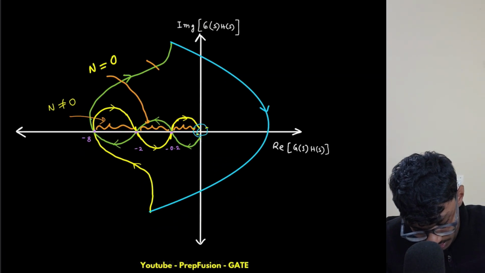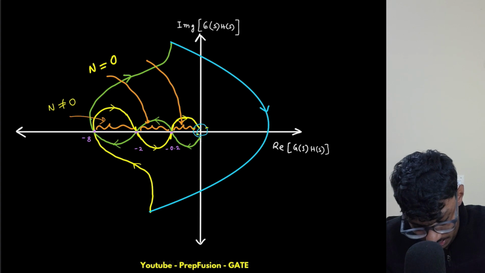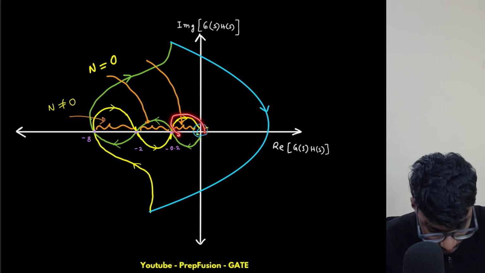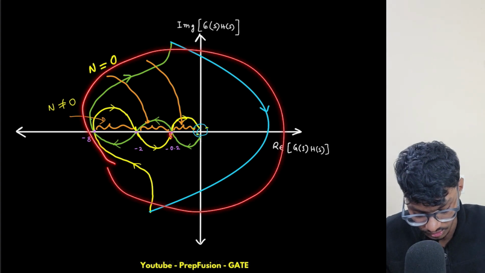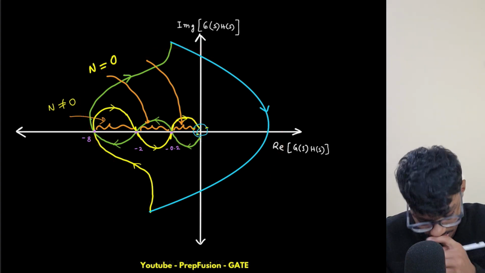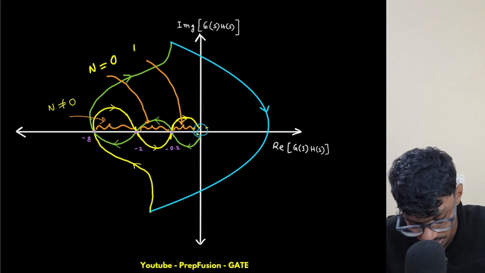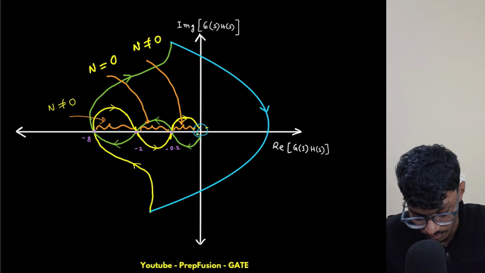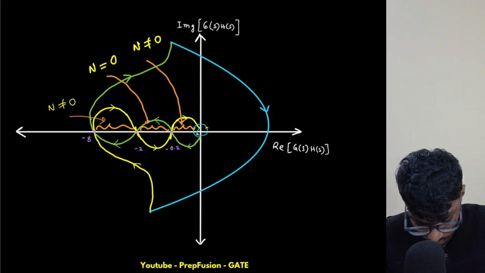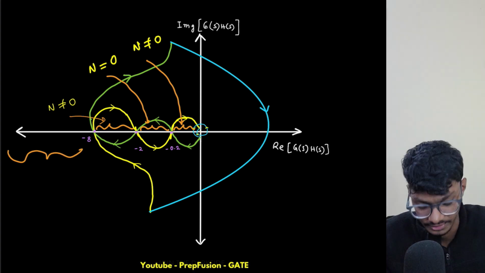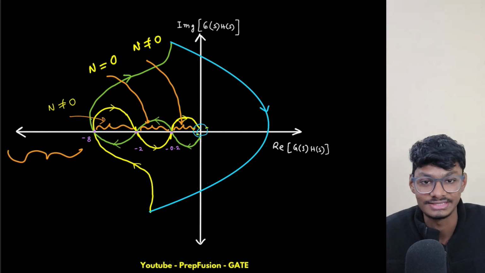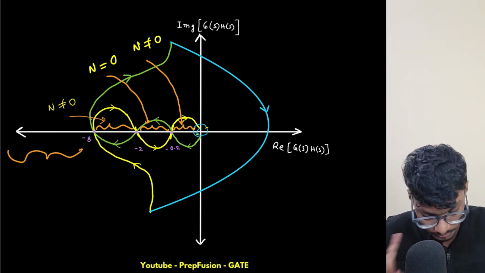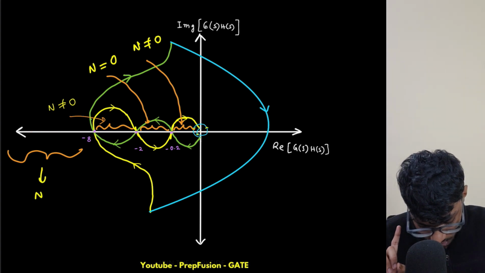With one clockwise encirclement and another encirclement, here also my N is 0. And if I lie within this region on the left hand side, obviously I don't have any encirclements, so here also my N is 0, so I'm good to go.